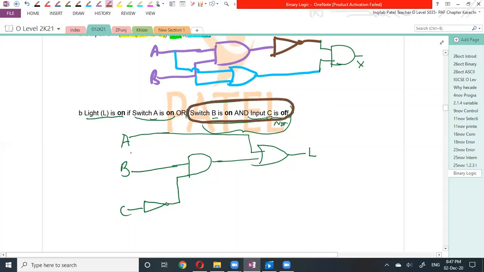B is on and C is off, means C is not on. Then it is ORed with switch A is on. This is switch A is on. Right, bacho?